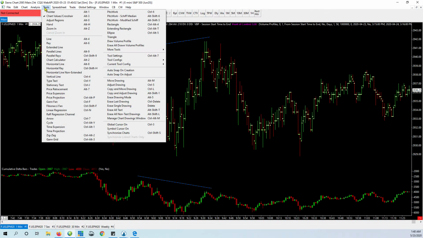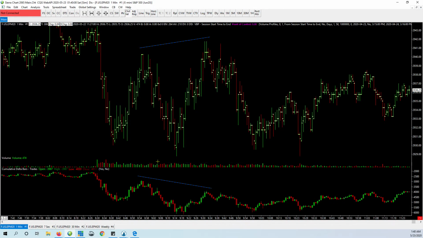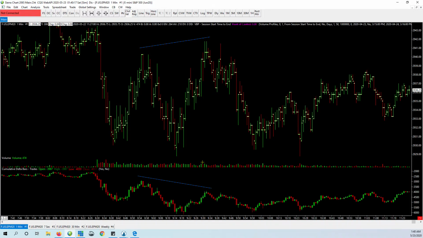Actually, that would be interesting to see on a histogram. Let's see on a histogram what happened here. Well, that doesn't help any. You got a little bit more volume coming in right there.